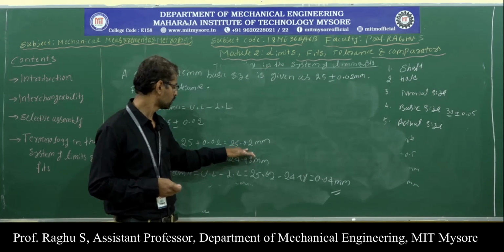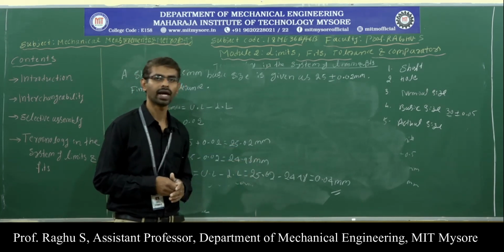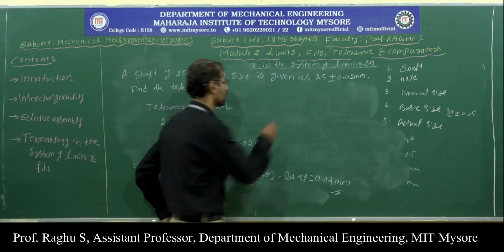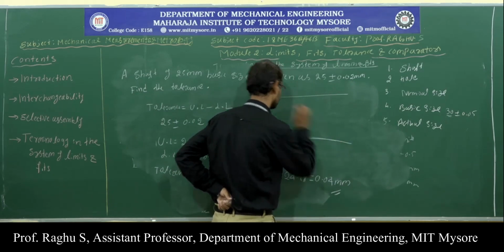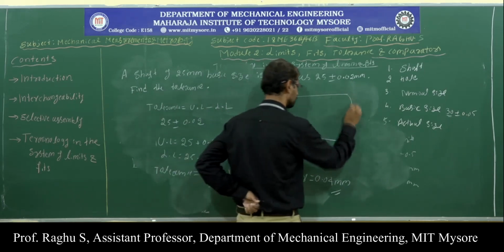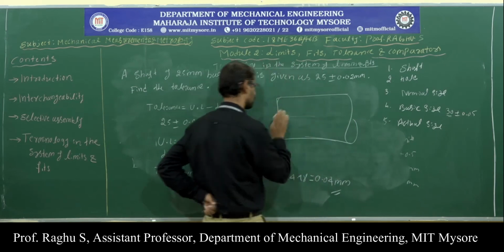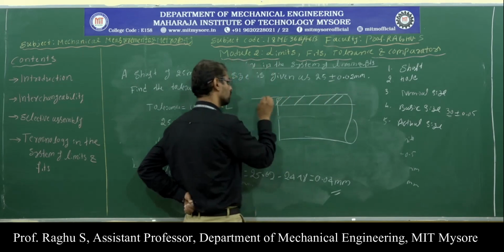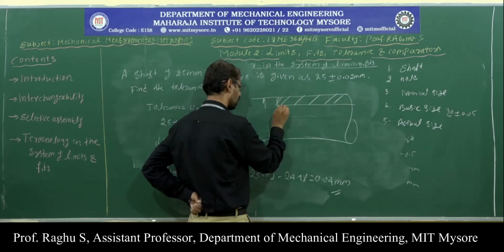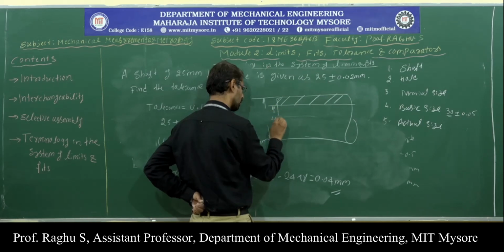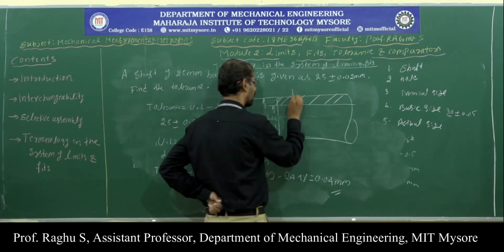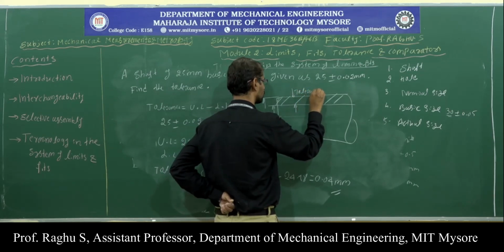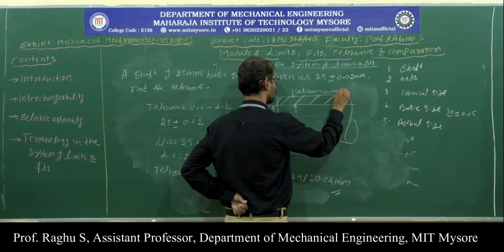The dimension of the shaft lies between 25.02 and 24.98 in order to reduce the rejection of components. This can be represented here. This is the shaft. This is the upper limit of shaft, and this is the lower limit of shaft, and this is the tolerance, which is equal to 0.04 mm.